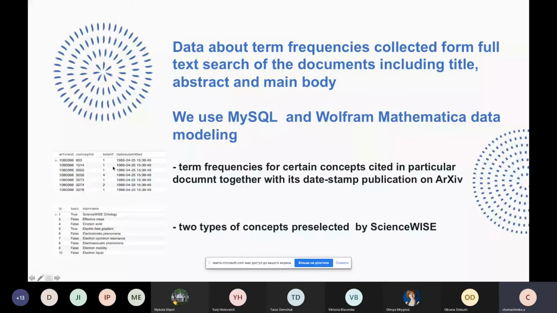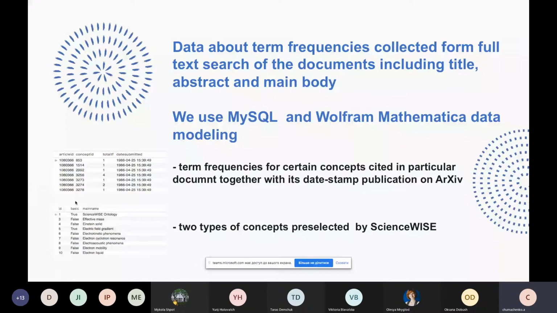And the total TF, how many times a certain concept was mentioned in this particular article. It's also possible to find these TFs for the title, abstract, or full body of the article. But in this case, we are working with a homogeneous approach. We take the total number of mentions of a particular concept in an article.